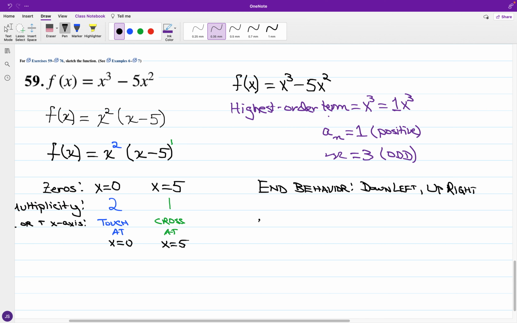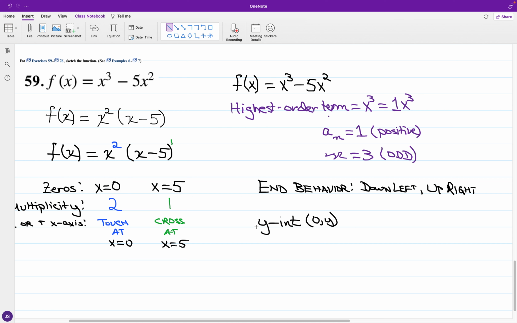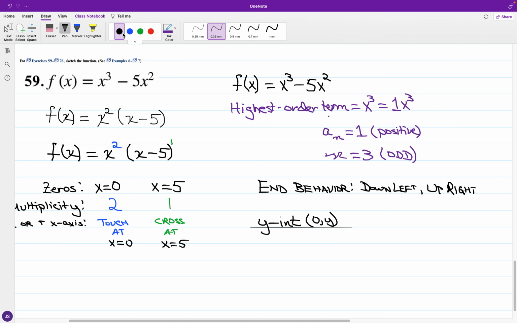Also, we stress any potential y-intercepts. For the y-intercept, you're looking at solving for y as x is set to 0. So for your y value, we're looking at f of 0.